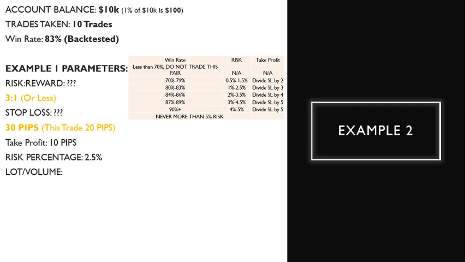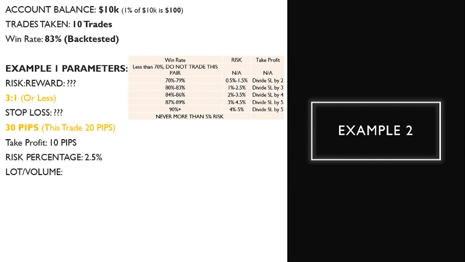Okay. So my lot size then, or my volume, the lot size that I'm going to use to place this trade, let's first do the math. What size is our account? What's 2.5% of 10,000? 250 bucks. All right. What's my stop loss? I'll tell you on this, it's 20 because it says 30 pips right there, but this trade we're doing 20. Okay?